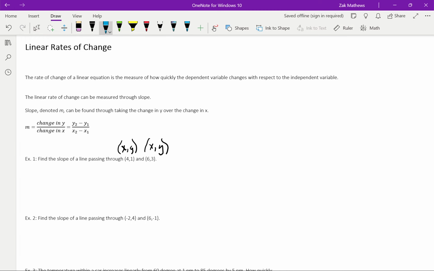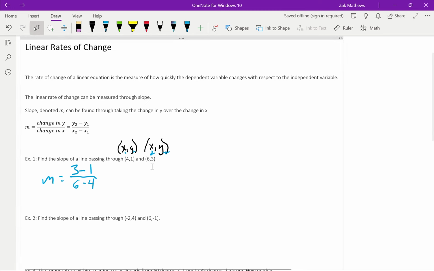I'm going to choose to call this 4 and 1 the x1, y1. That means the 6 is our x2, and the 3 is our y2. So if I set up my equation for slope, y2 was the 3, minus the y1, which is 1, over x2, which is 6, minus x1, which is 4.